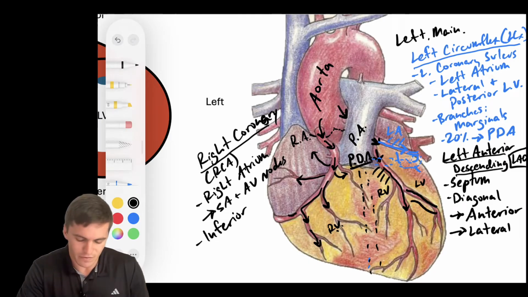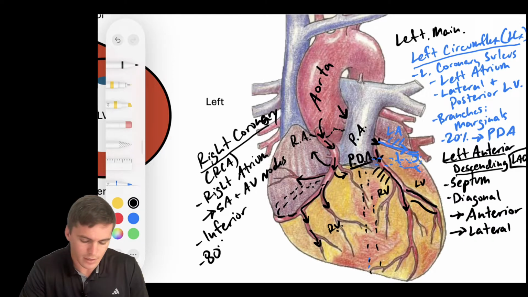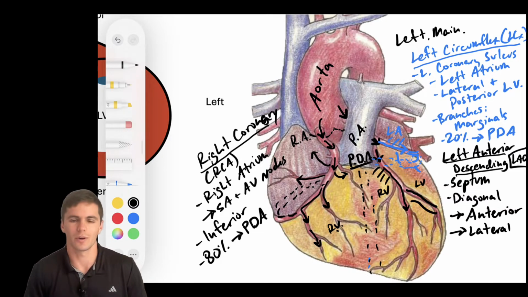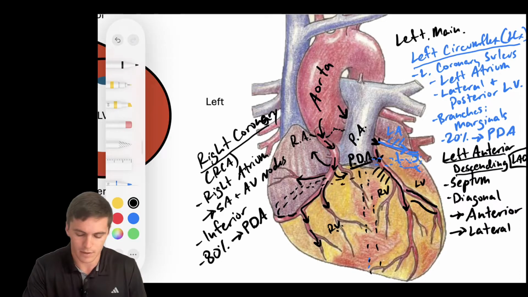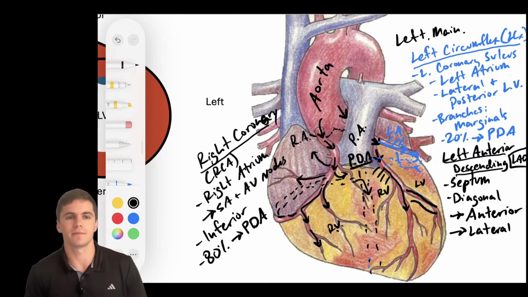And if I had x-ray vision, you would see that the right coronary can go posterior, and in 80% of people supply the posterior descending artery, okay? So in 80% of cases, the right coronary artery is the main blood supply to that posterior descending. So that would be right dominant. This patient would be right dominant.